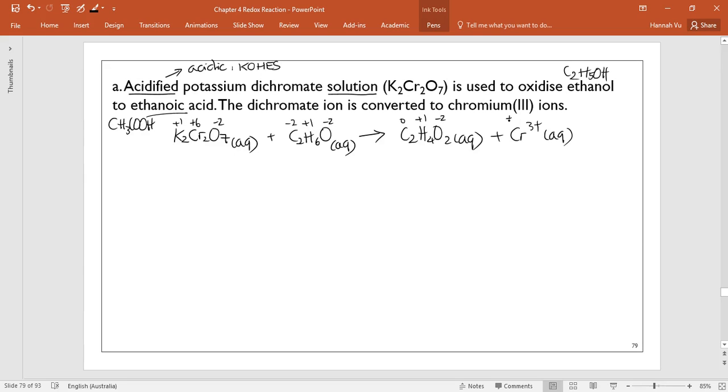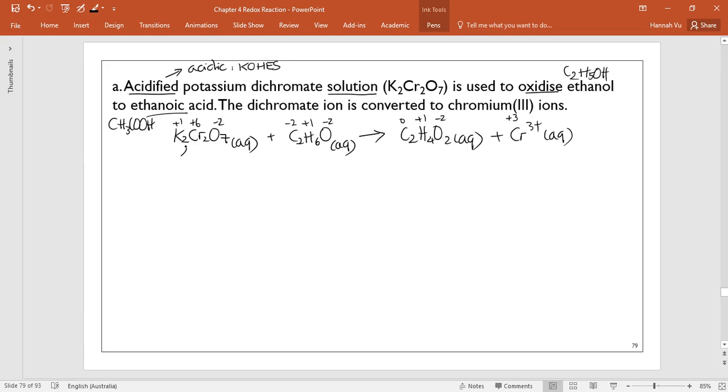And then we have +3. So there is definitely a decrease in oxidation number of chromium from +6 to +3. So this undergoes reduction, which means it is the oxidizing agent, as the question indicates. It's used to oxidize ethanol. And there is an increase in oxidation number of carbon from -2 to 0. So it undergoes oxidation. The last thing is this is aq and it is an ionic compound.